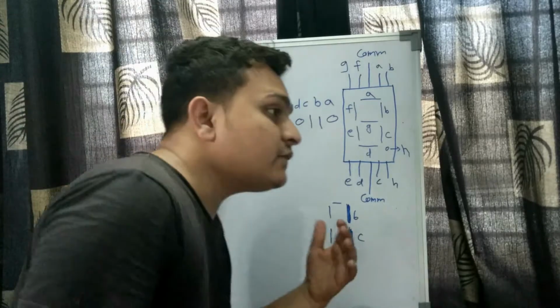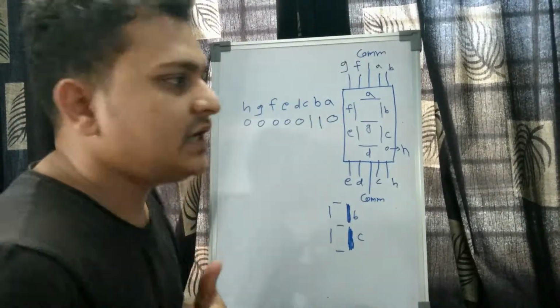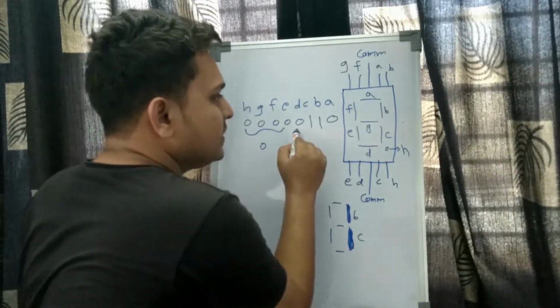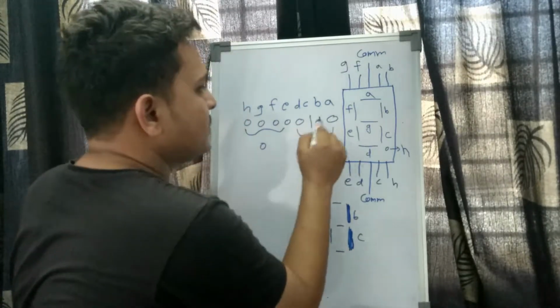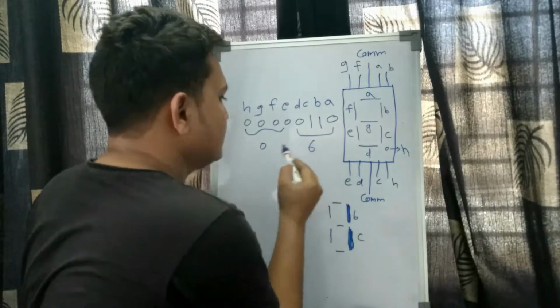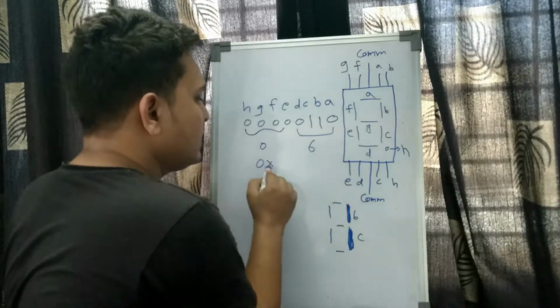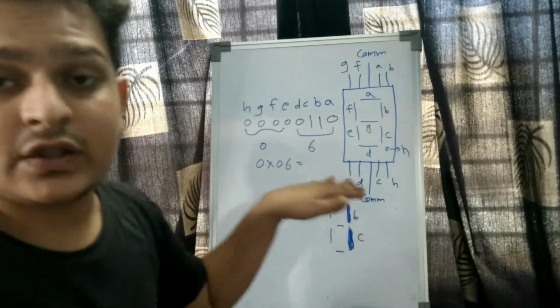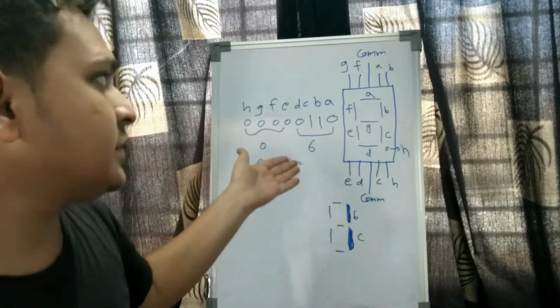So you have to convert these binaries into the hex value. This 4 will be the 0 and this 4 will be the 6. So this is your pattern to make the logic 1 for the common cathode. In common anode, this is going to invert.